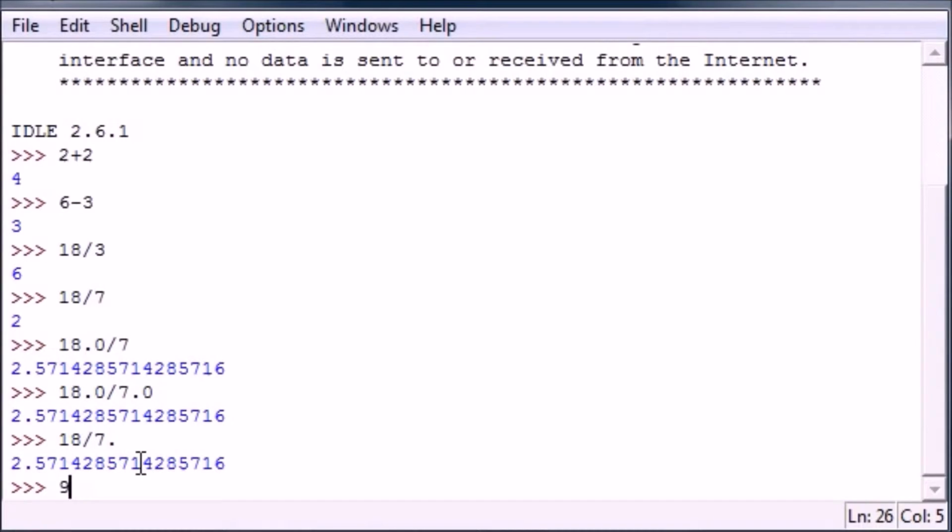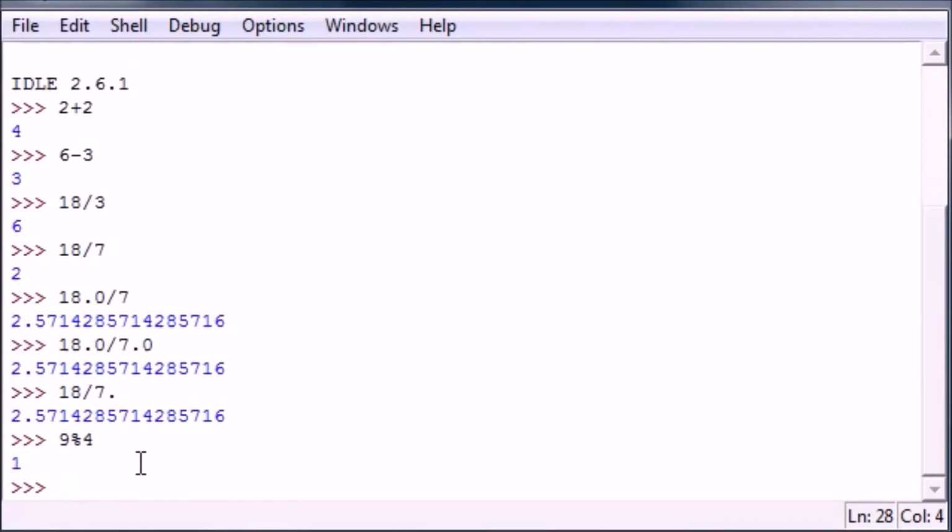So 9 divided by 4 is 2 with a remainder of 1. So once you do 9 modulus 4, it's going to give you the remainder, which is 1. So the modulus is just the remainder.